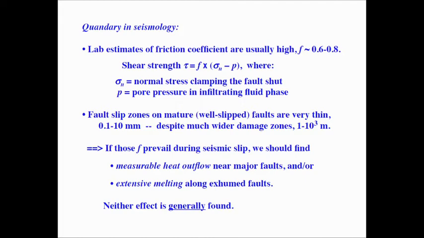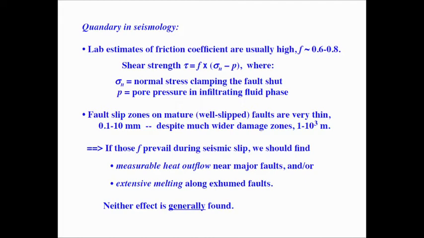Well, the quandary is this: if those friction coefficients prevail during seismic slip, there should be an enormous amount of heat outflow. And the heat outflow itself should be limited by the fault zone melting. So when we look at faults that have participated in earthquakes, we ought to find evidence that there was previous melting.